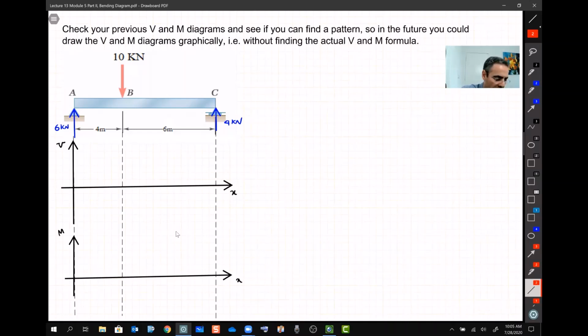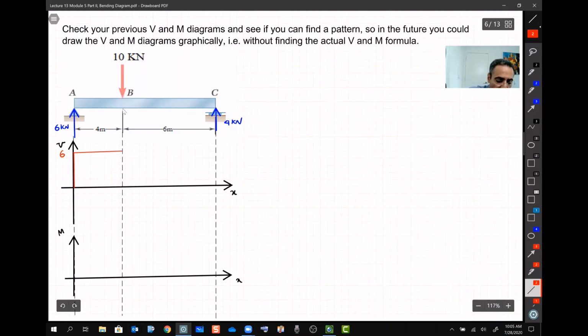At the beginning, let's look at just V. I have 6 kilonewtons, so I have a jump of 6. I jump up 6 points. Then I don't have anything, so I stay where I am in a constant line.